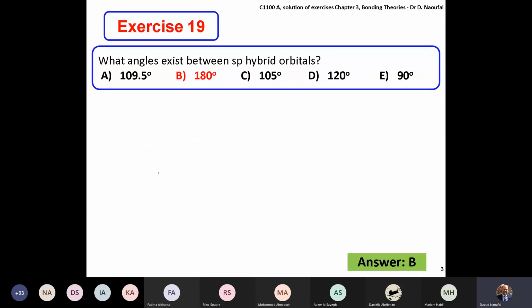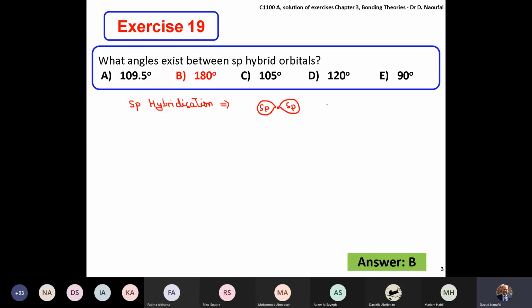We pass to exercise 19. What angles exist between sp orbitals? sp hybridization means two lobes, this is the central atom, this is sp.